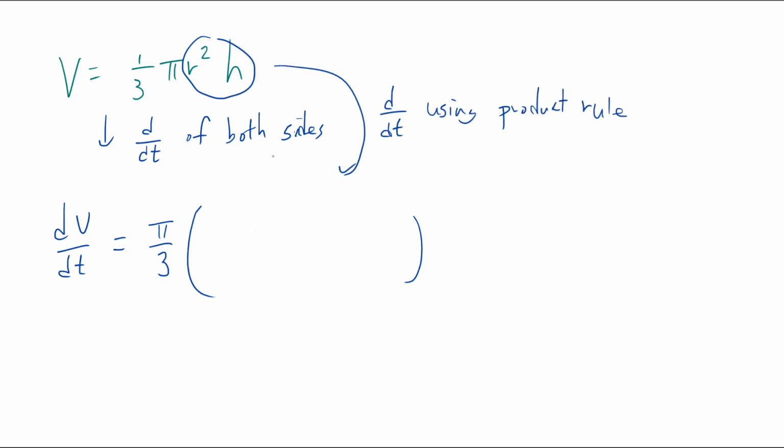For the first term in the product rule, I'm going to differentiate r squared multiplied by h. When I differentiate r squared, I get 2r, and then by chain rule, remember dr/dt is also attached, and you multiply by h, plus I have r squared, and then you differentiate h and multiply by that, which gets you dh/dt.